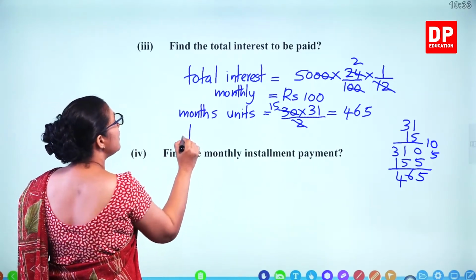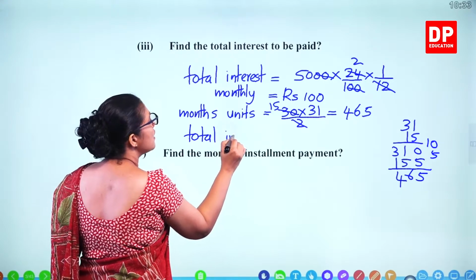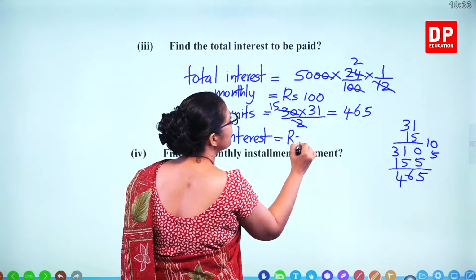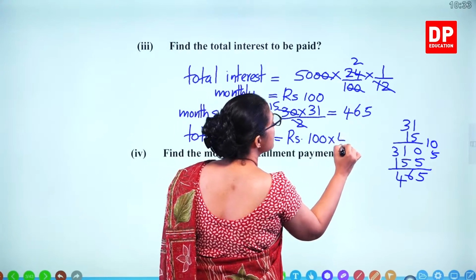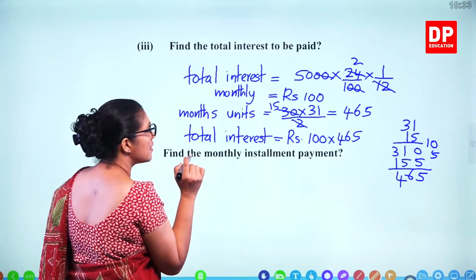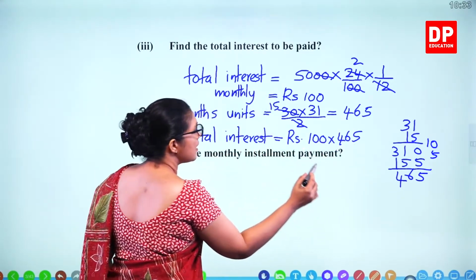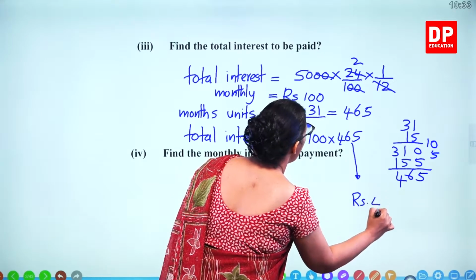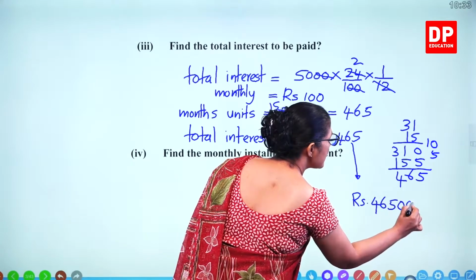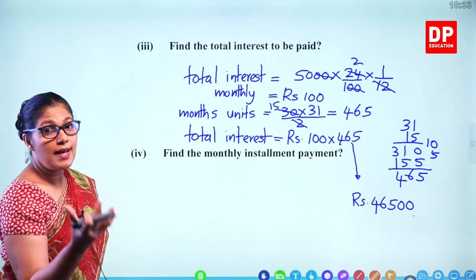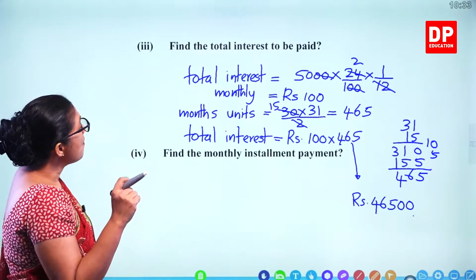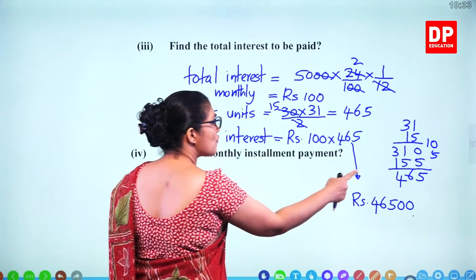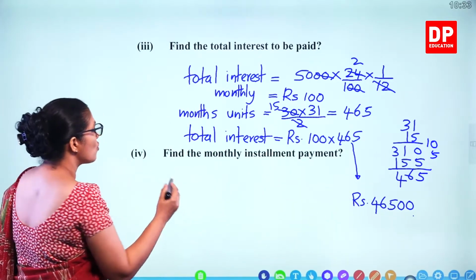So what is the total interest we need to pay? Total interest is equal to 100 into 465, that's 46,500 rupees is the interest. Find the monthly installment payment. So monthly installment, this is for 2.5 years.